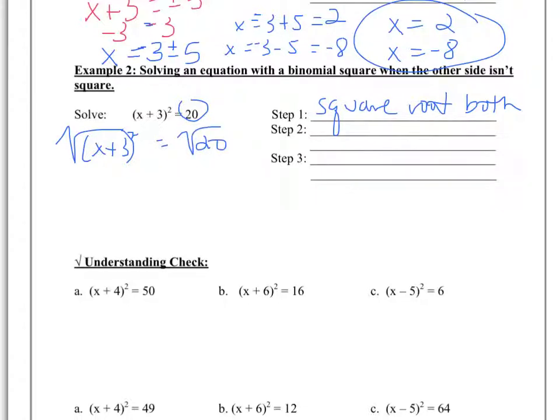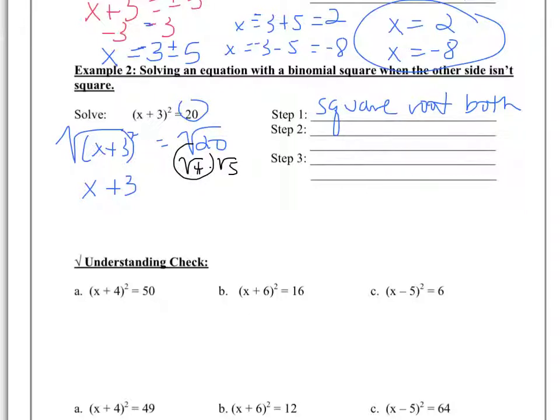The square root of x plus 3 squared is just x plus 3. And then I need to simplify the square root of 20 because it's not a whole number. So I can simplify it to the square root of 4 times the square root of 5.